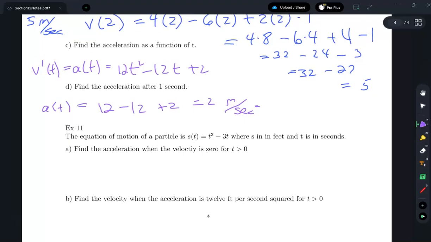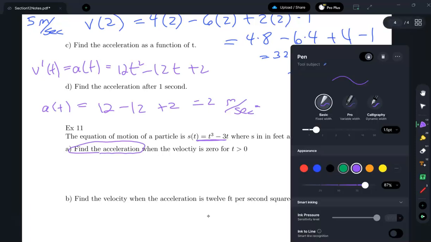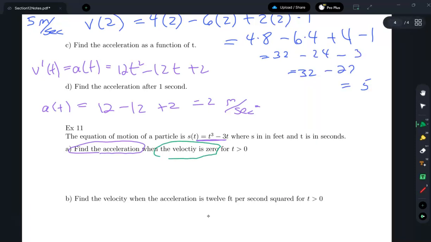All right, so let's look at this one. So this is the position function, and they want us to find the acceleration when, oh, they're not giving us a time. So this is telling us what time to use, when the velocity is 0. Okay, I know how to find velocity.